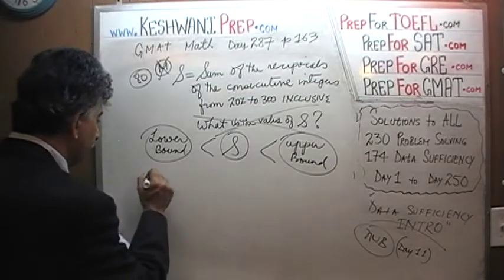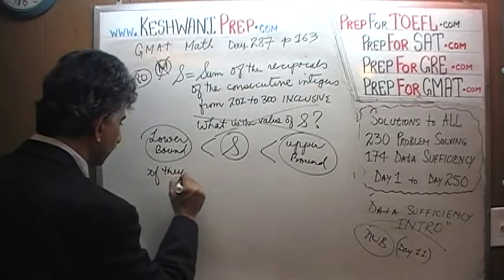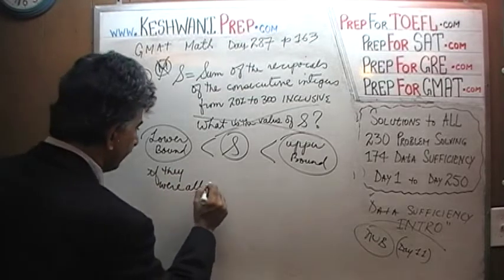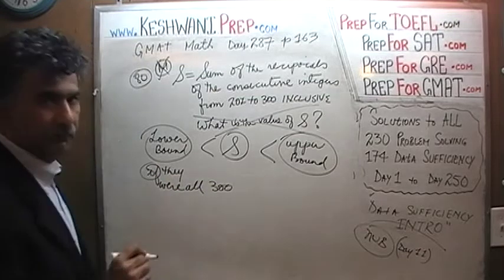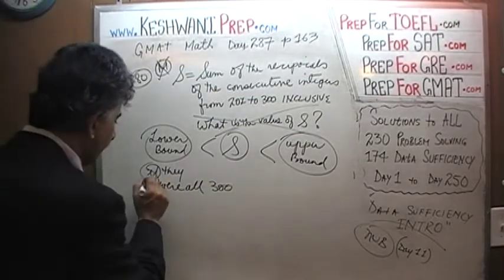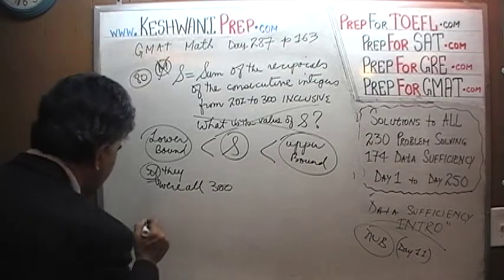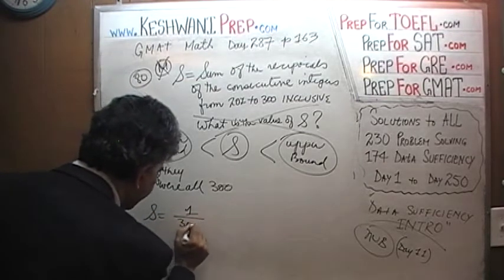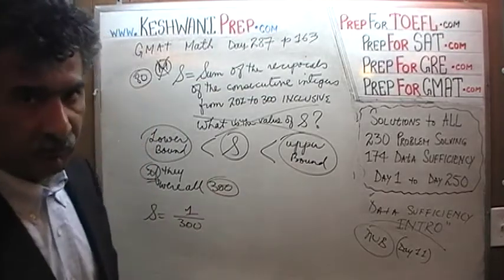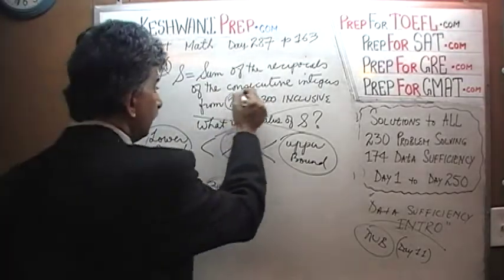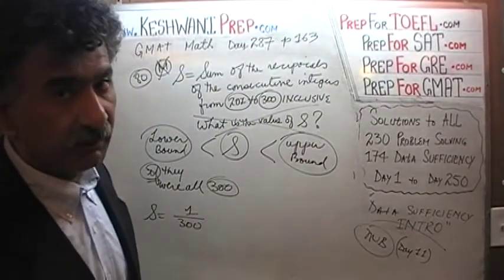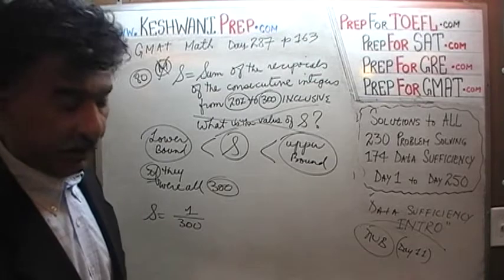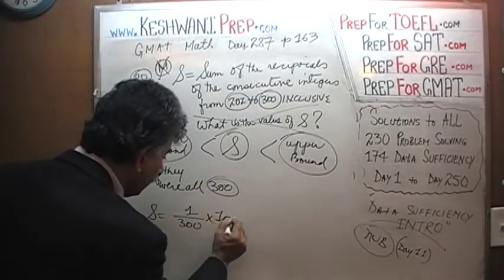Well, if they were all 300, and they're not, we are speaking hypothetically, then the sum would have been 1 over 300. If every single one of them was 300, and there are 100 integers, the reciprocal of 300 would have been 1 over 300, and we would have had 100 of those.